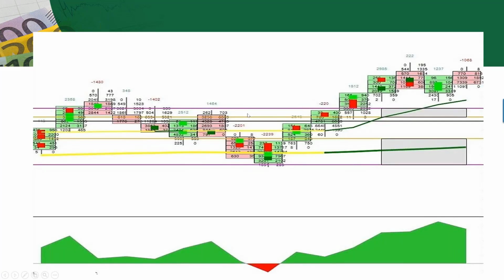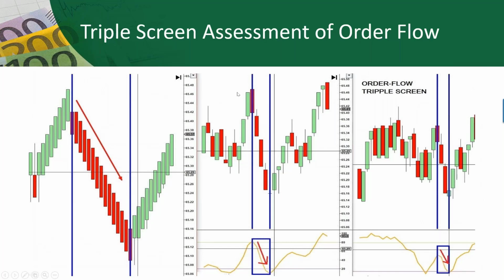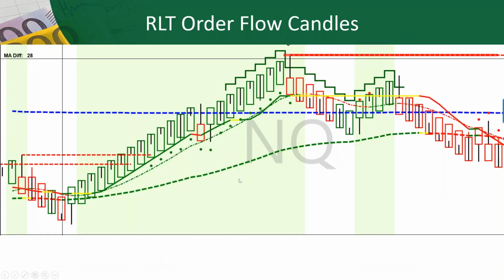So when I say order flow, most people think of these type of candles with the numbers on the left, on the right, on the side, on the bottom, on the top, upside down, inside out, and sideways. It is virtually impossible for you to make good trading decisions and be able to interpret all these numbers. So what we did at Rightline is our order flow candles look like this.